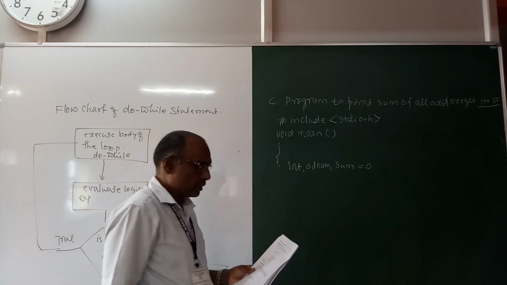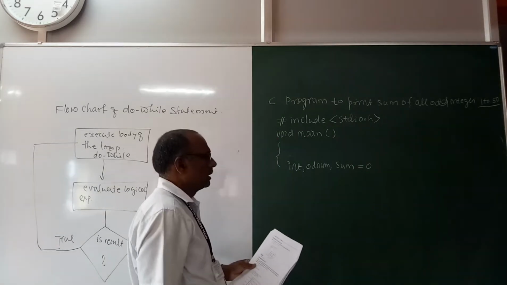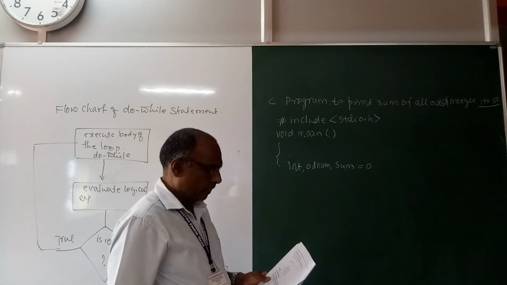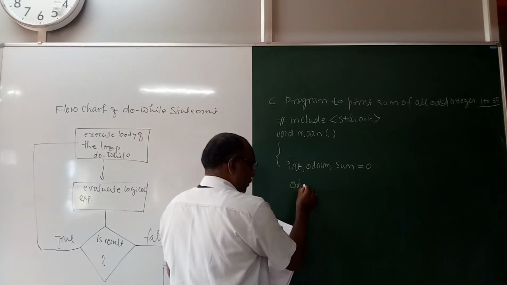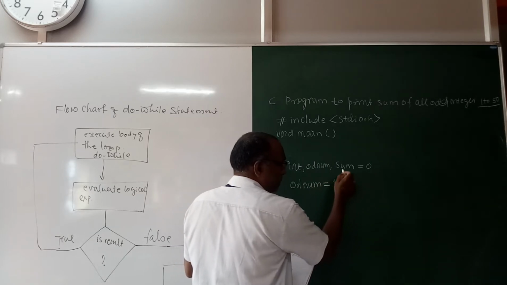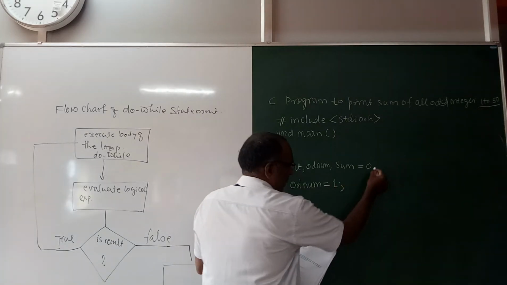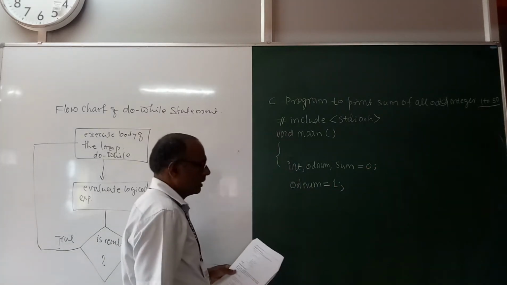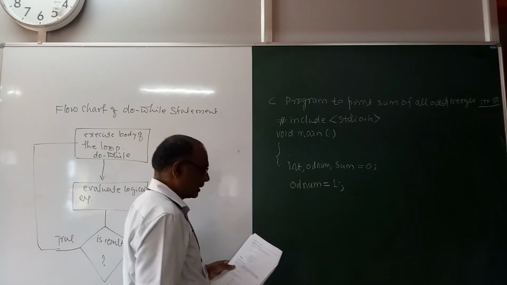Sum is 0 here, and odd number, its initial value is 1, sum is 0, initial is 1. This should be terminated. These are the declaration part. This is the initialization part.